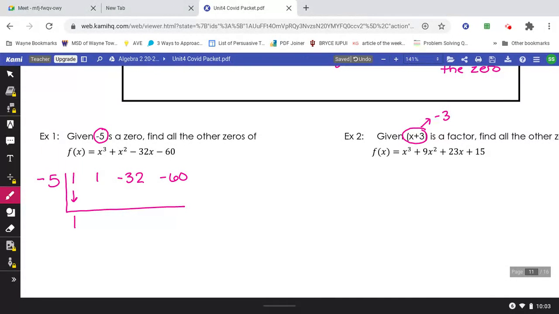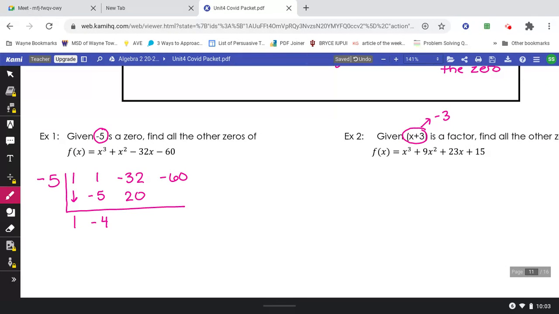Bring down the 1, or whatever number comes first there. And remember, you alternate between multiplying and adding. So you multiply -5 times 1 to get -5. Then you add 1 and -5 to get -4. Multiply -5 times -4, 20.